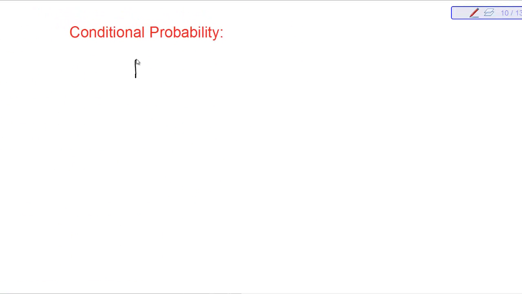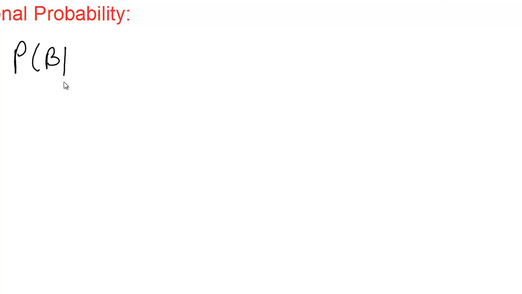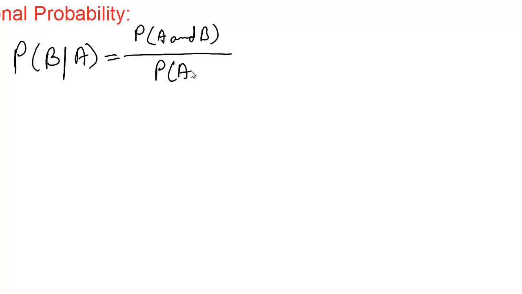Conditional probability can also be written looking like this. Probability of B given that A has already occurred is equal to the probability of A and B, in other words both of the events happening, divided by the probability of A. So it's the probability of both events happening divided by the probability that the first event happened.